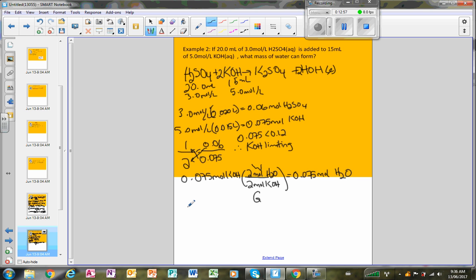Okay, now we're going to calculate out the mass of the water that can form. So we're going to take our number of moles of water that we have, and we're going to multiply it by our molar mass of water.